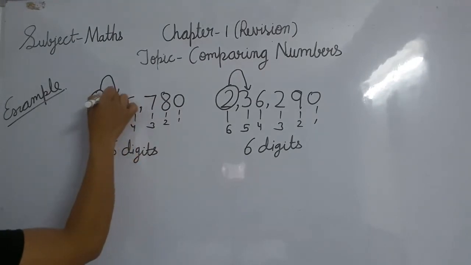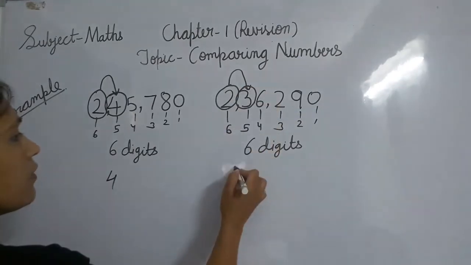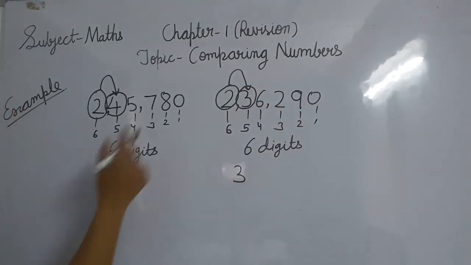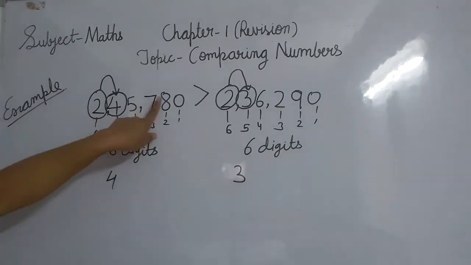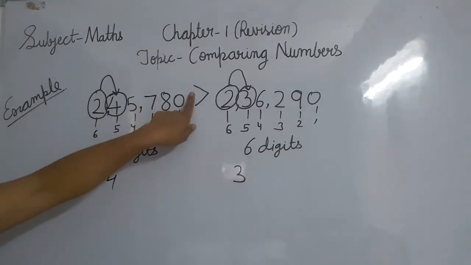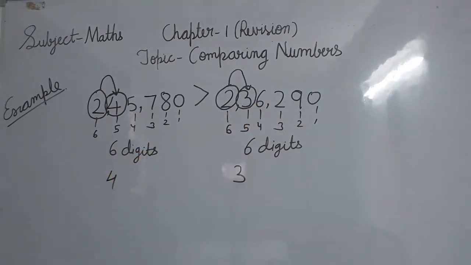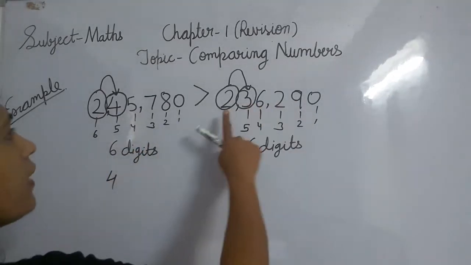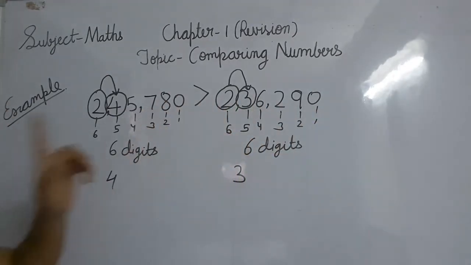Here we have 4 and here we have 3. So which is the bigger number? 4. So that's why 2,45,780 is greater than 2,36,290. Clear? You will not read it as 2,36,290 is less than. This is the wrong way.